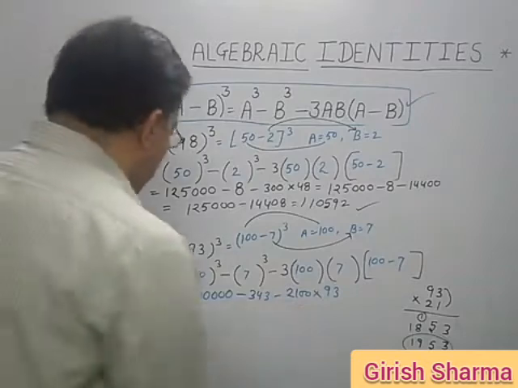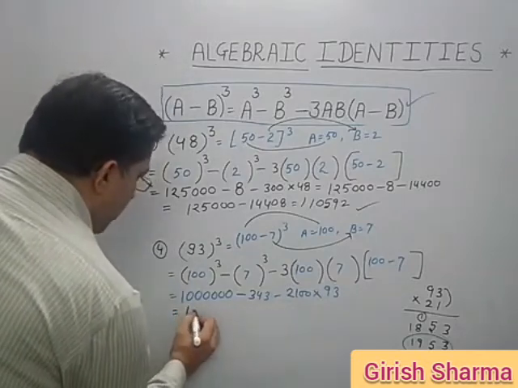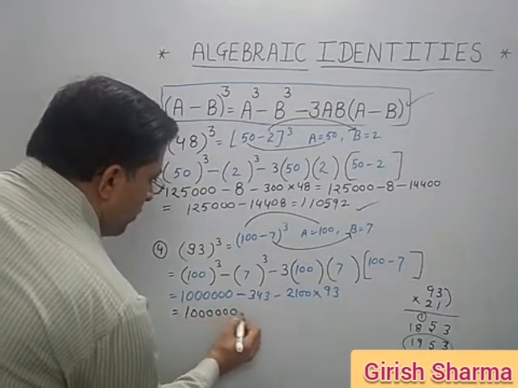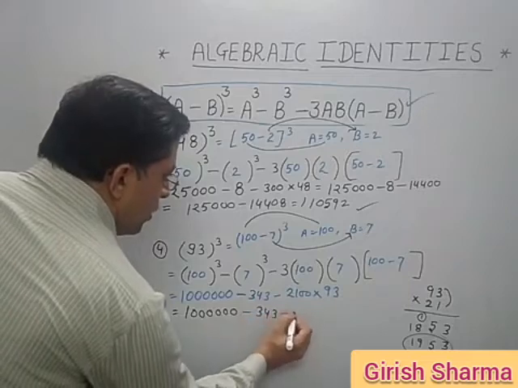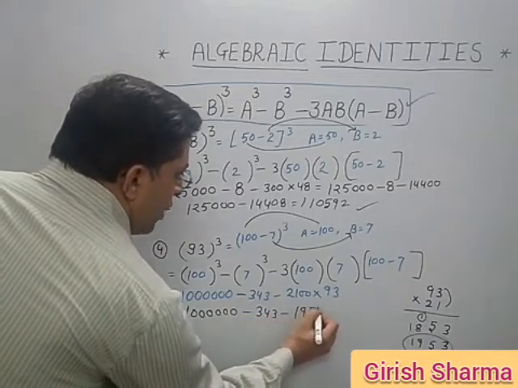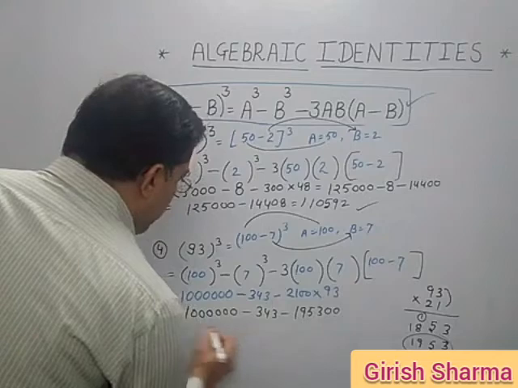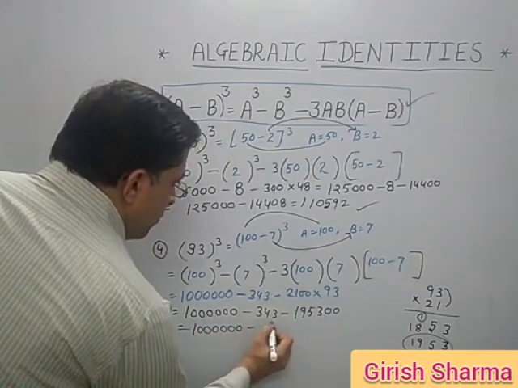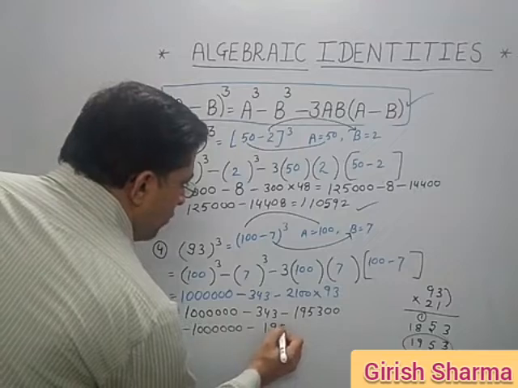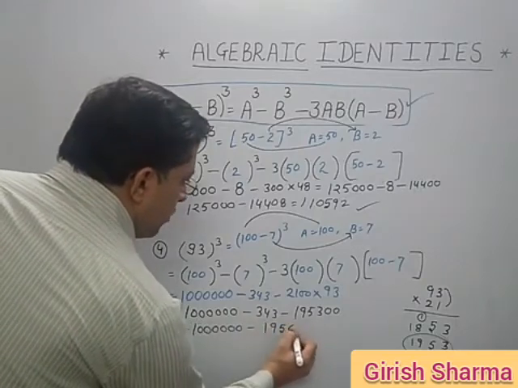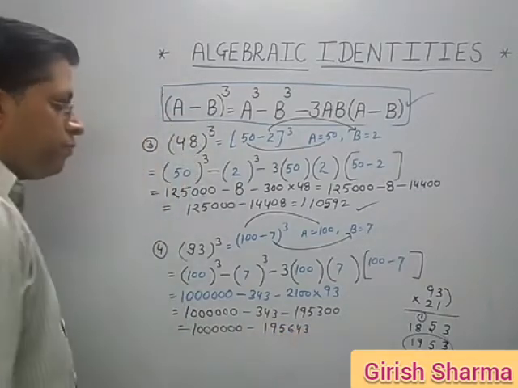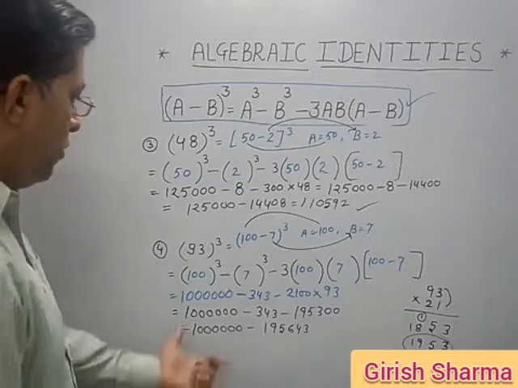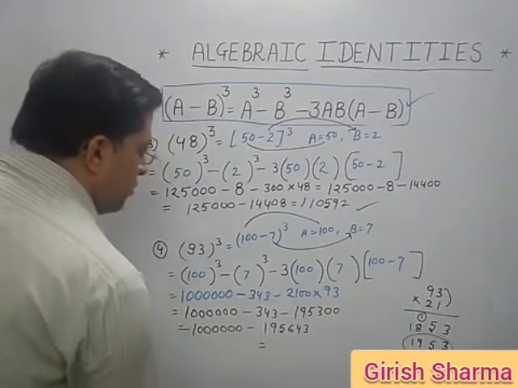And 2 zeros will also come. So 195300 and 343 will be here. Okay, when you subtract it, you will get the answer.